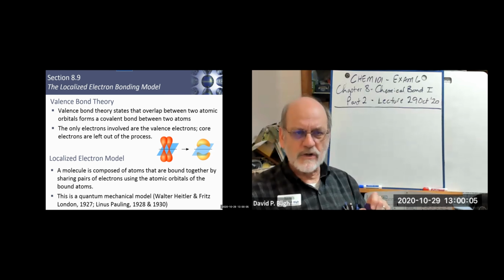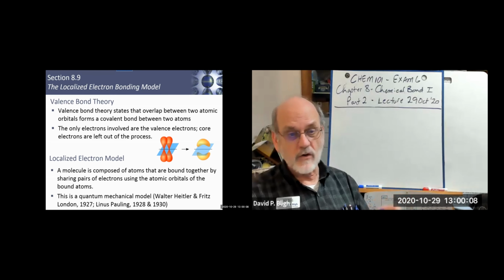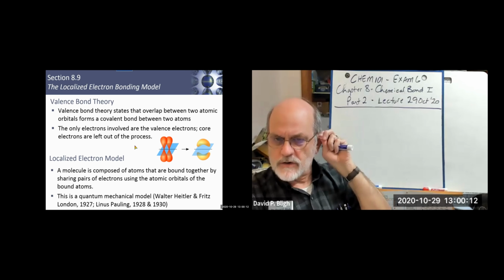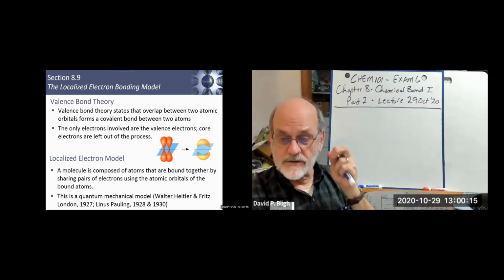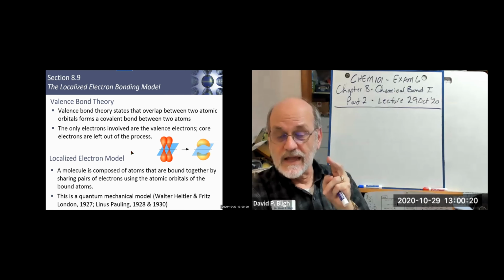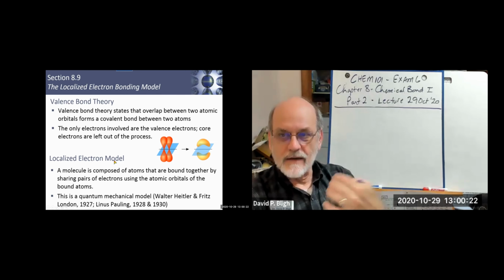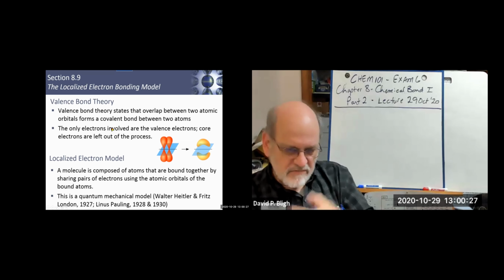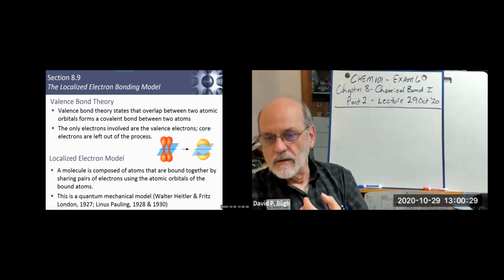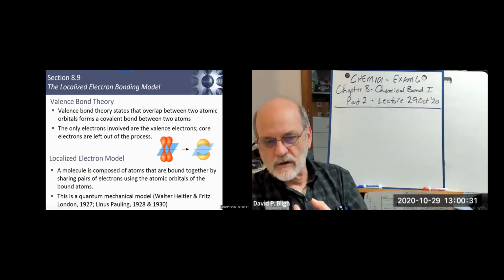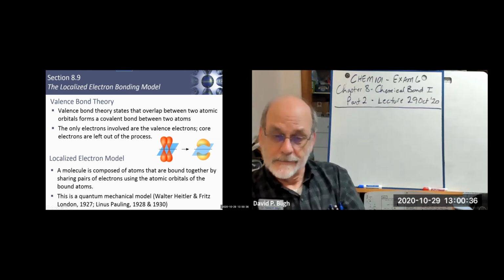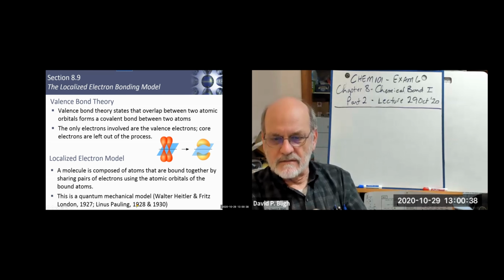Now, your textbook doesn't mention the valence bond theory. They go straight to the model right here. But I wanted to make the connection between models and theories. They do go together. And the localized electron model was derived from the valence bond theory, because the theory had to be fleshed out by Heitler and London, and later improved upon by Linus Pauling, before the model could be validated.